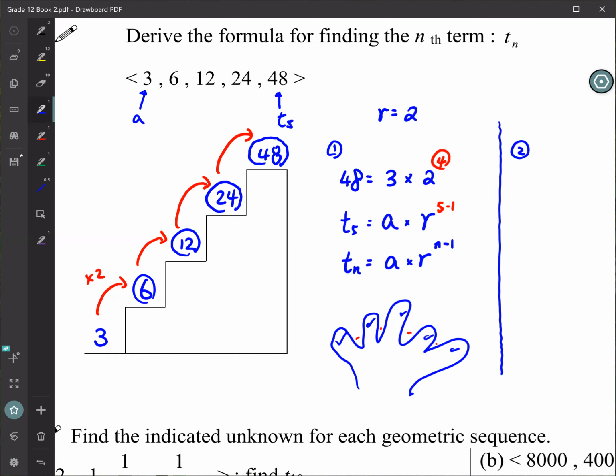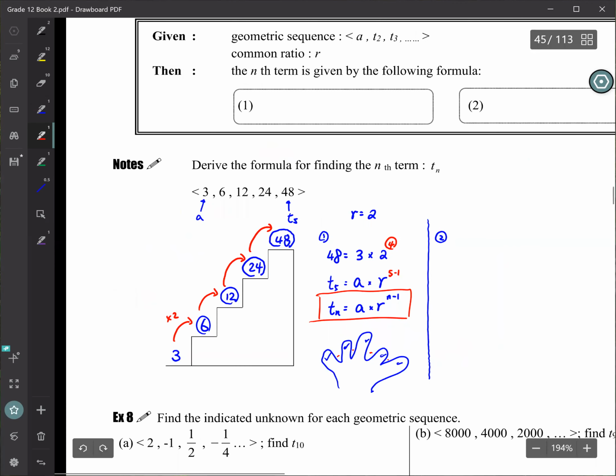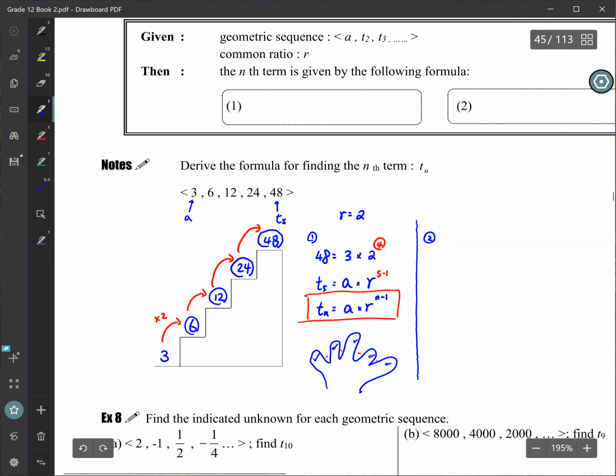Make sense? If it's T7, it'll be 7 minus 1. So that's our first formula. Please place that into the box on the top: Tn equal to A R to the n minus 1.